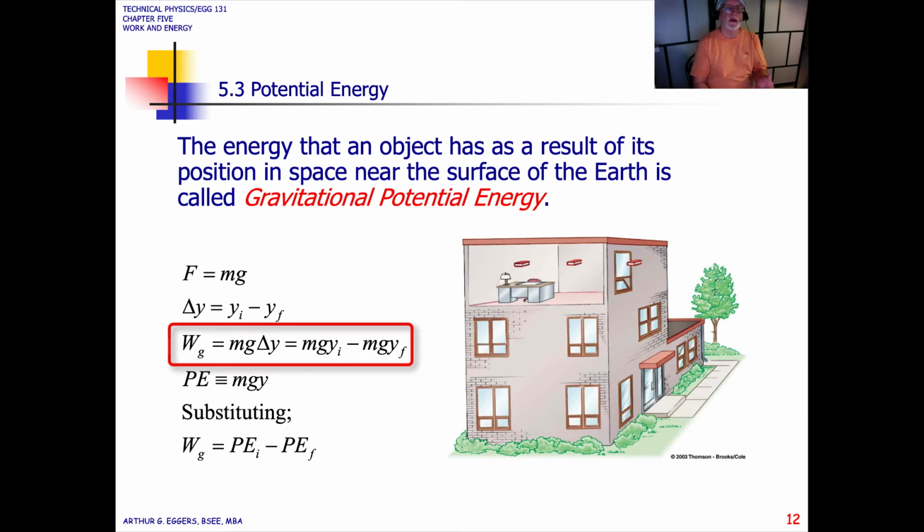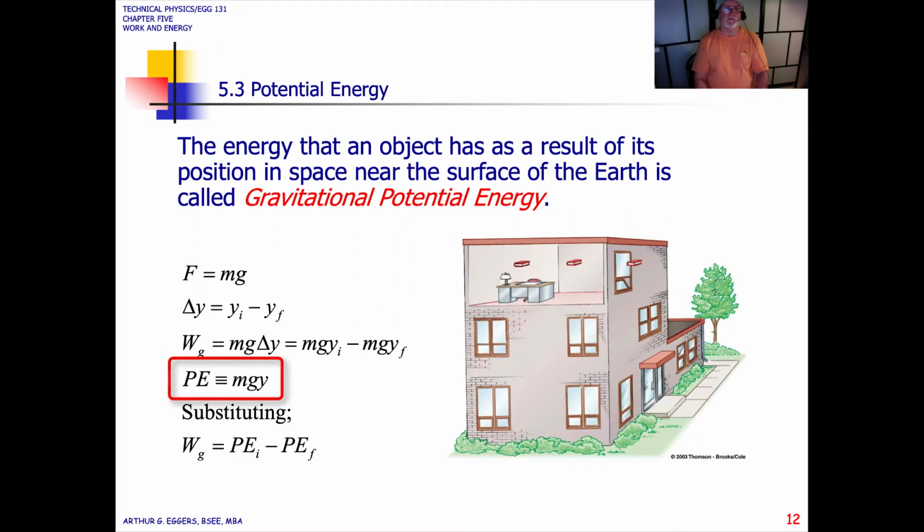Where before we had ma times the change in x, now we're going to have mg times the change in y. And since delta y is equal to y initial minus y final, we can expand that to be mg y initial minus mg y final. And again, using the definition, potential energy is defined as mgy.